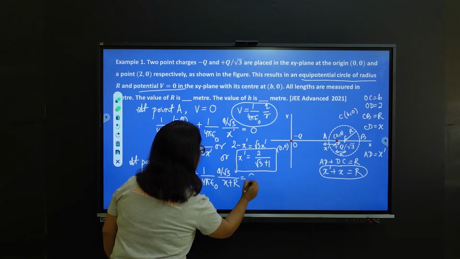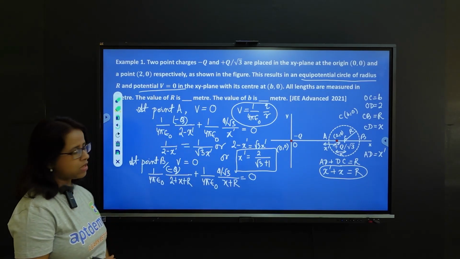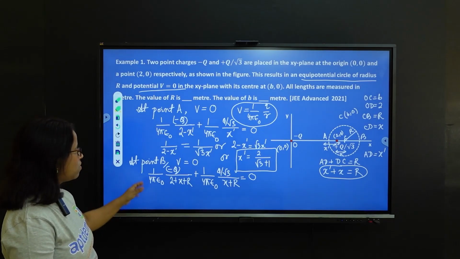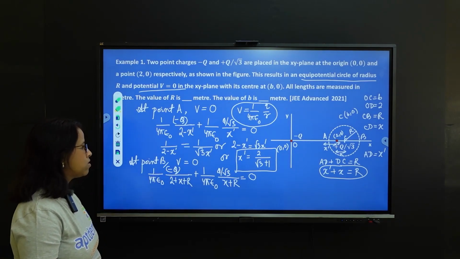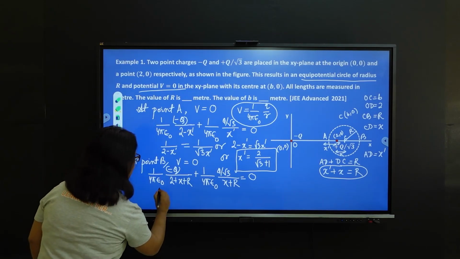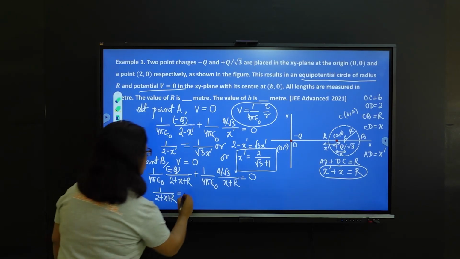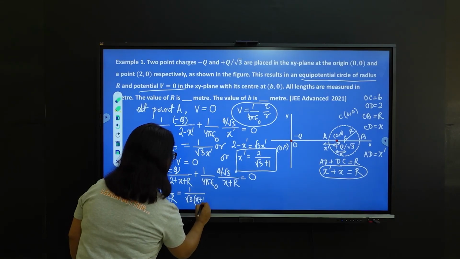Now this sum is also equal to 0. So taking the terms on the same side and arranging the terms, cancelling out the common terms like 1 by 4 pi epsilon naught, q will also get cancelled out. Ultimately, we will be left with 1 by 2 plus x plus r is equal to 1 by root 3 times x plus r.